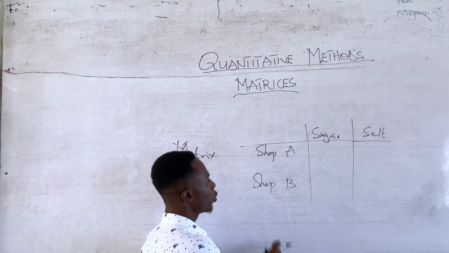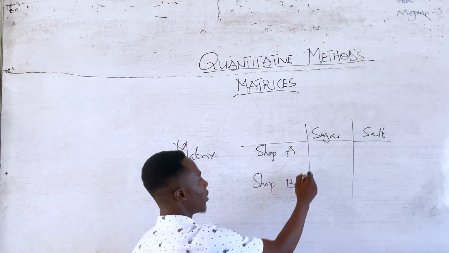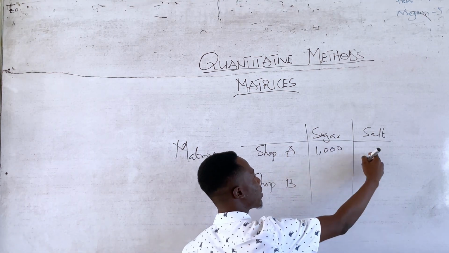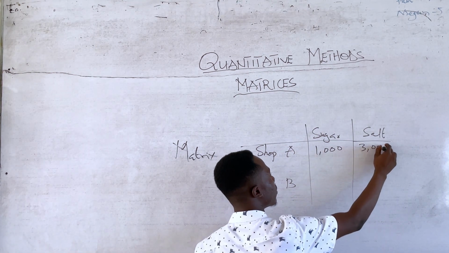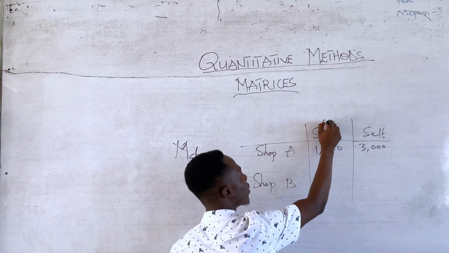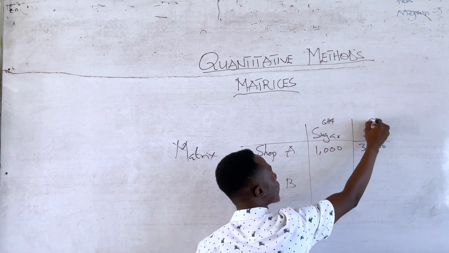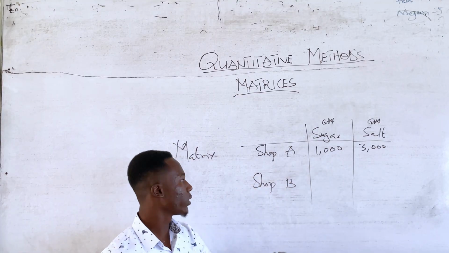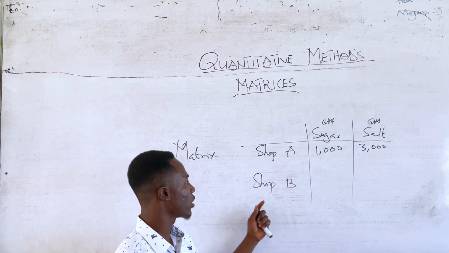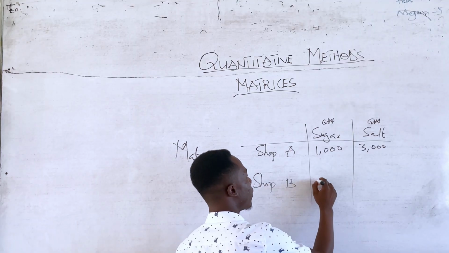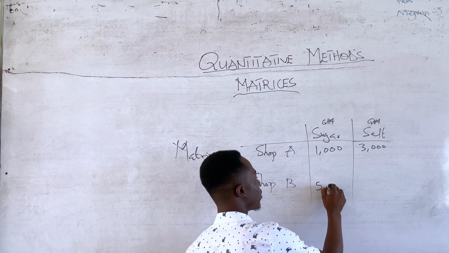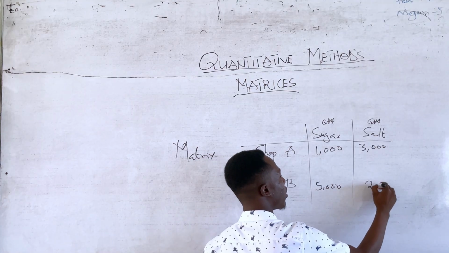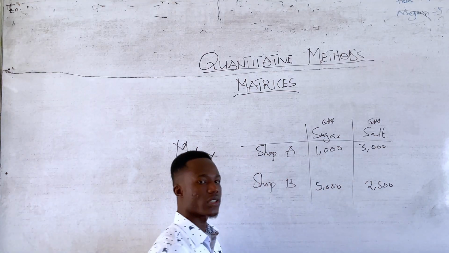Shop A made a sale of 1,000 cedis for sugar last week and 3,000 cedis for salt. Right, that is last week. The same last week, shop B made a sale of, let's say, 5,000 Ghana cedis for sugar and 2,500 cedis for salt.